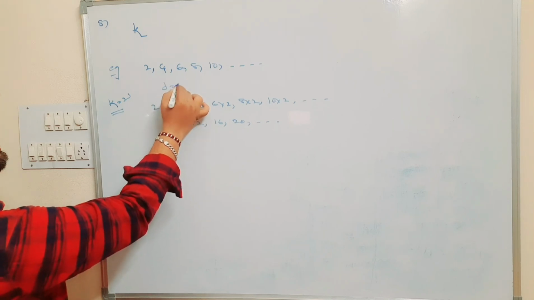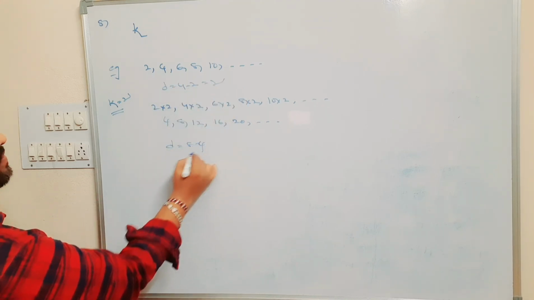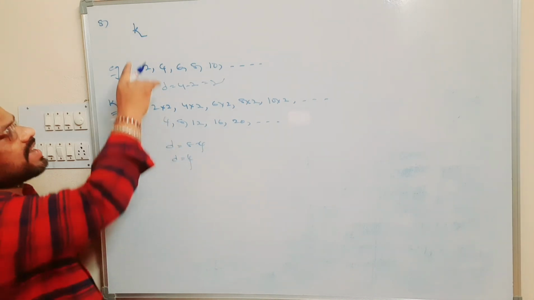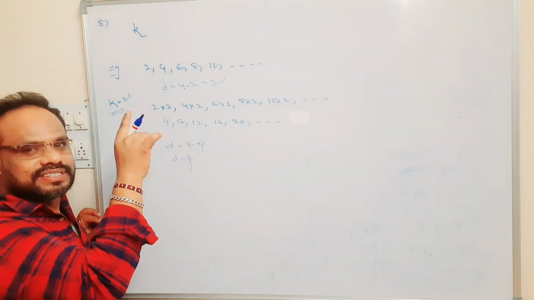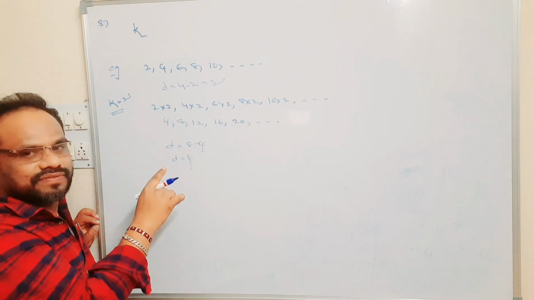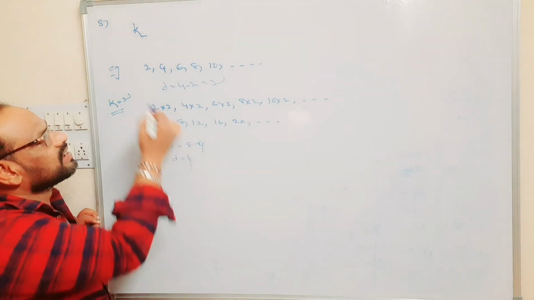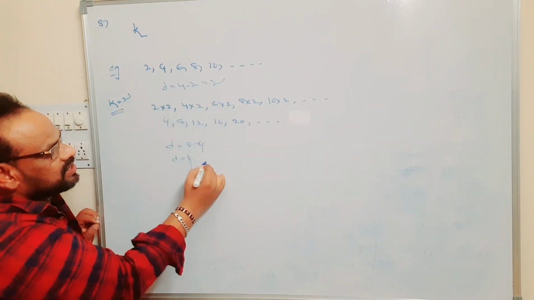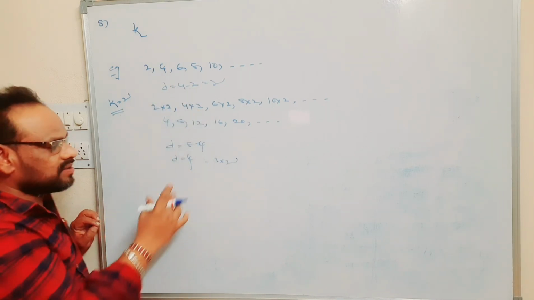Here the common difference is 8 minus 4, which is 4, whereas the original common difference was 4 minus 2, which is 2. So if k is multiplied by each term of an arithmetic progression with common difference d, then the resulting sequence will also be in arithmetic progression with common difference kd. Here the k value is 2, so k into d, that is 2 into 2, is 4.